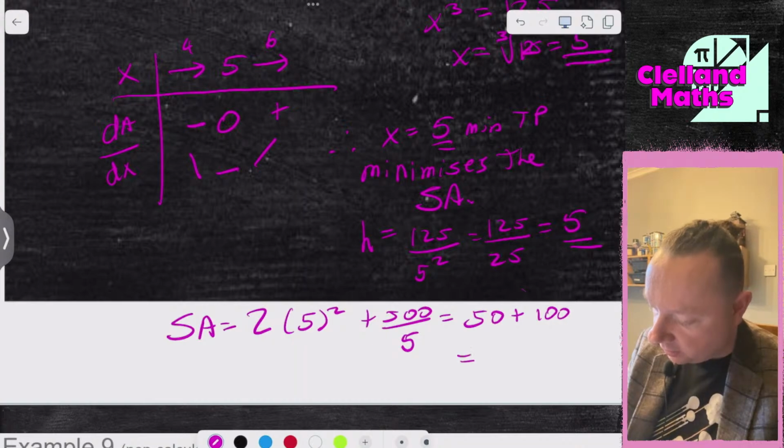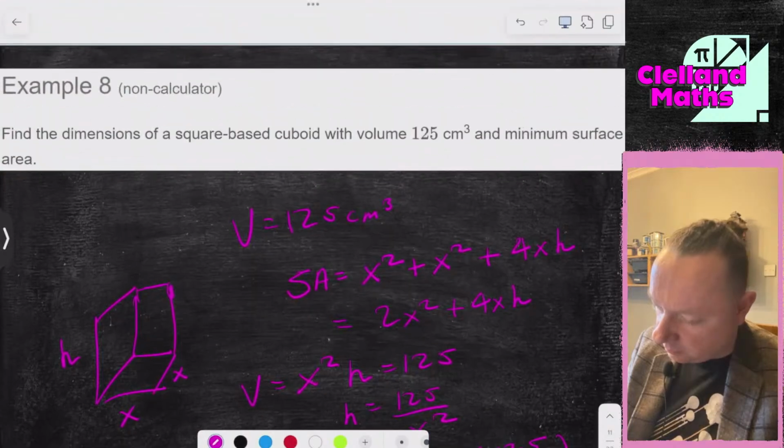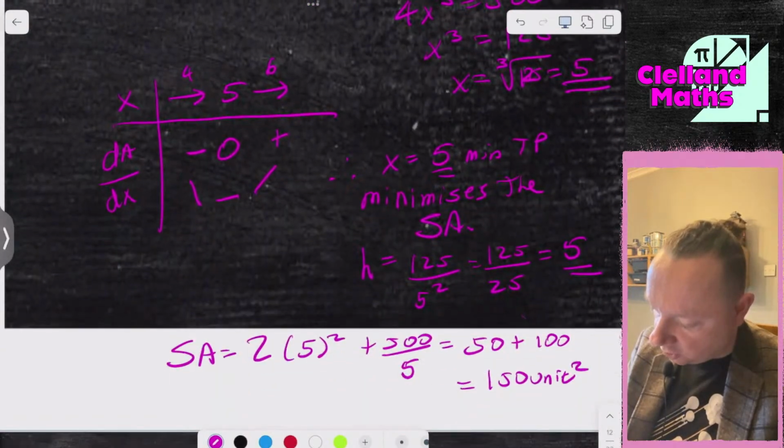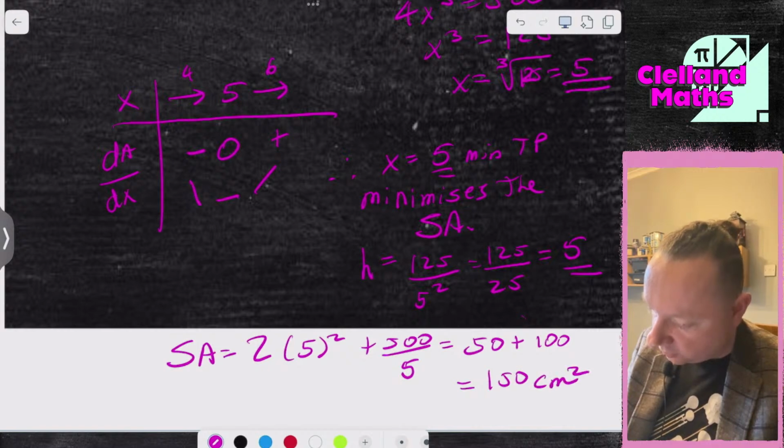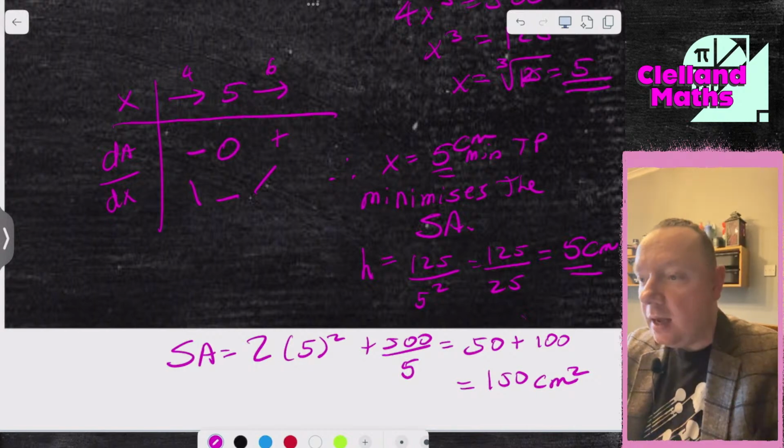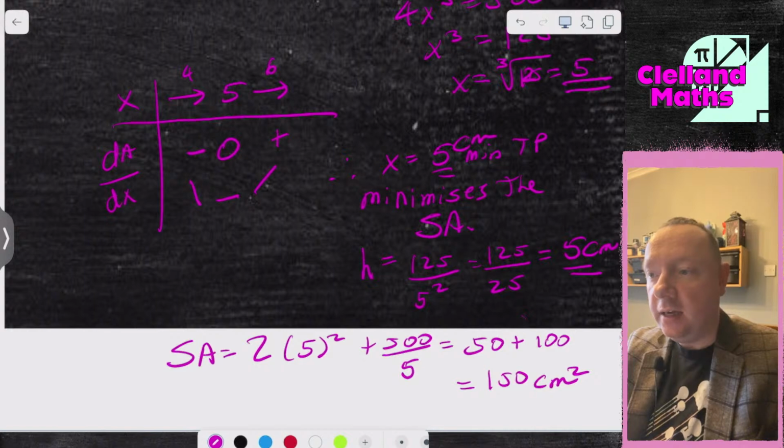So the surface area is 150 units squared. Was it centimetres anyway? Yeah. It's all centimetres, so let's put our centimetres in. Centimetres squared for surface area, centimetres for height, and centimetres for the dimension. And we're done there. Hopefully that's right. I think I've got it, yep.